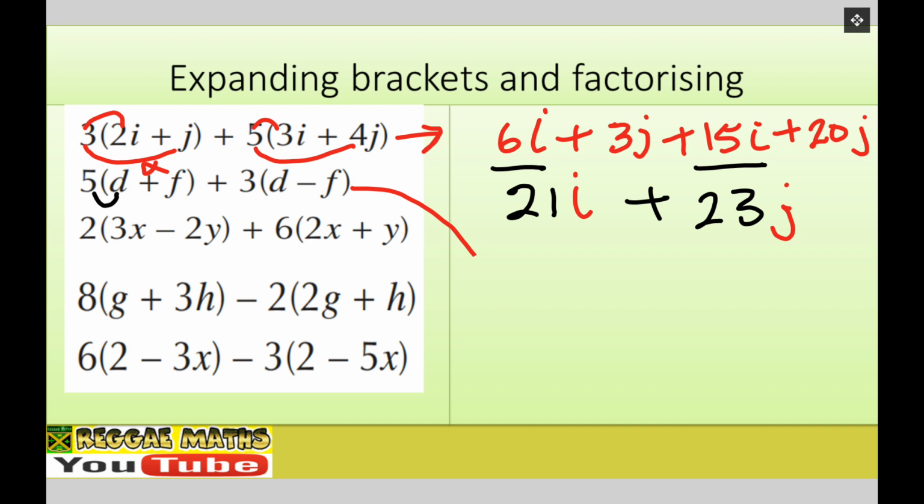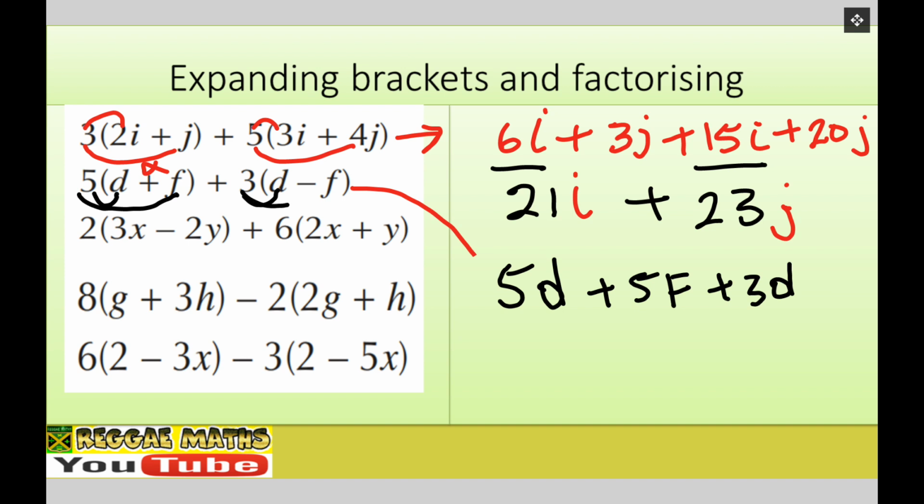You got 5 times d, that's 5d. 5 times f plus 5f. 3 times d is plus 3d. 3 times minus f is minus 3f. Right, collect like terms.